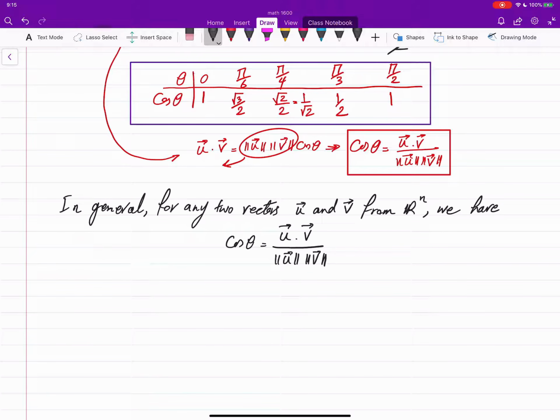Note that we know how to find the dot product of vectors in Rn, and we know how to find their length. So these are two numbers, you divide them and you will find the angle between them.